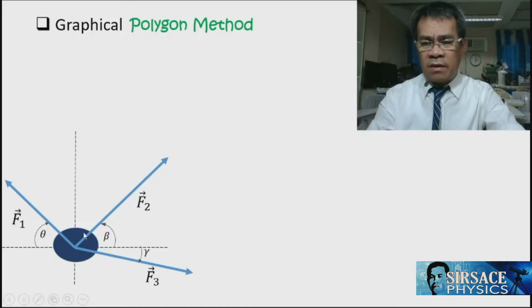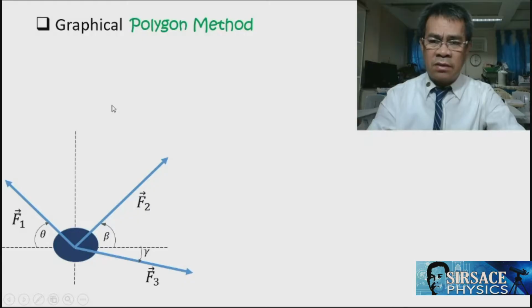Now what if there is another vector? Then it means you have to do another parallelogram method for the fourth. So F1 and F2 using the parallelogram method, then find the vector sum. Then the vector sum of F1 and F2 should be combined with F3 using the parallelogram method. So find the resultant of the three.